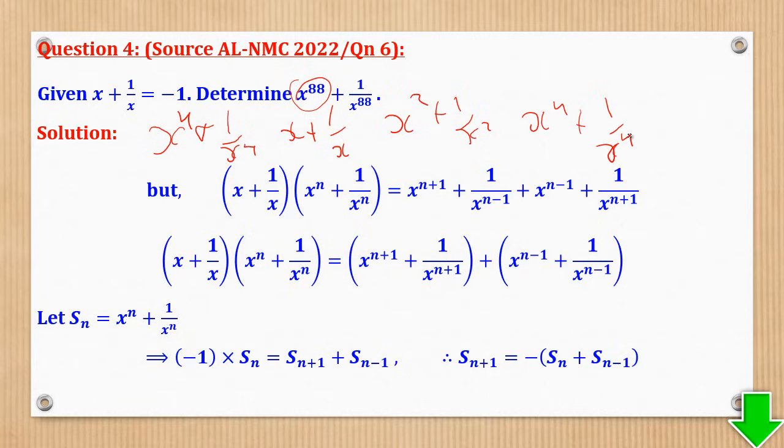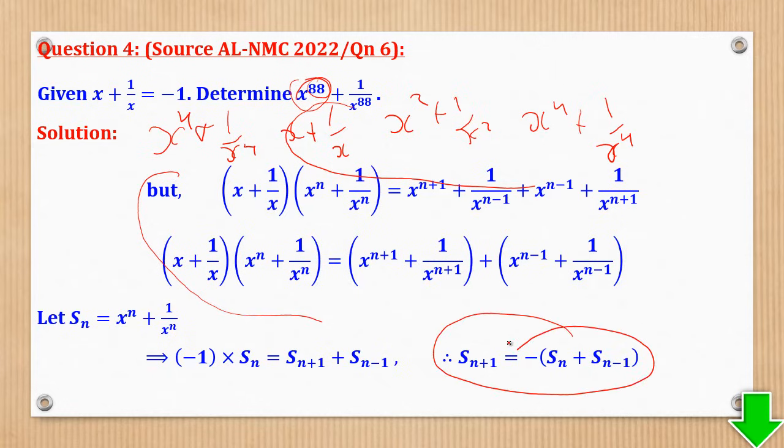Now, if you use this procedure, by the time we reach x power 88, it will be too many steps. That is why we had to first get the logic behind. So always S to power n plus 1 will be equal to negative, in brackets, Sn plus Sn minus 1, provided x plus 1 over x is equal to negative 1.